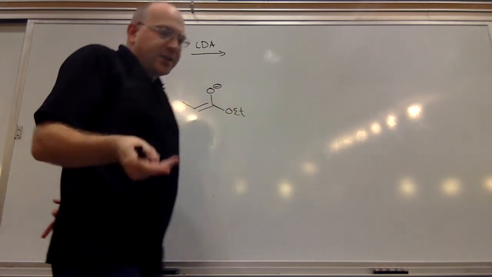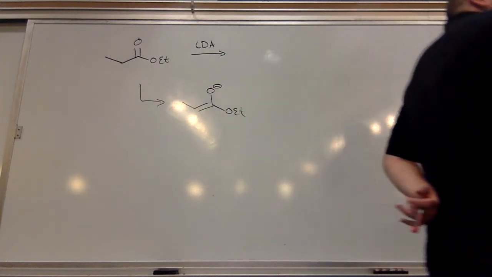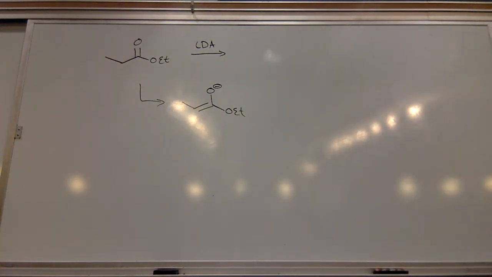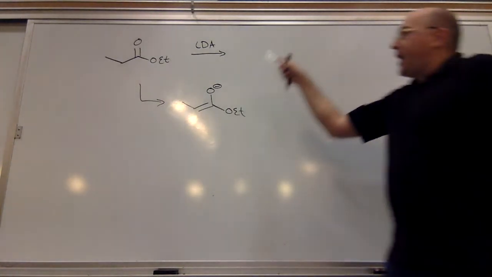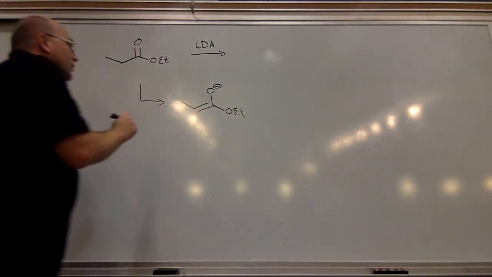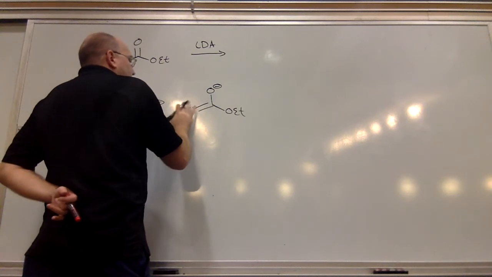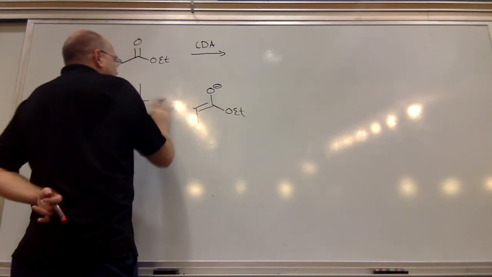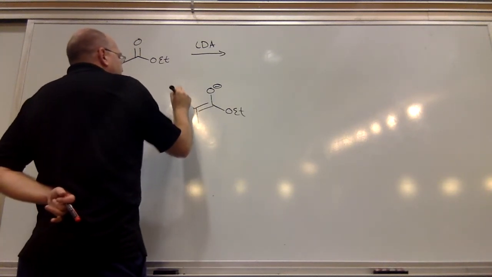So as you might imagine, once we actually deprotonate this molecule and generate an enolate, if we add this into another equivalent of that ester, I'm just going to do that for board space purposes.